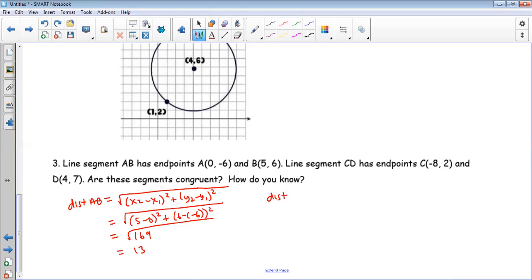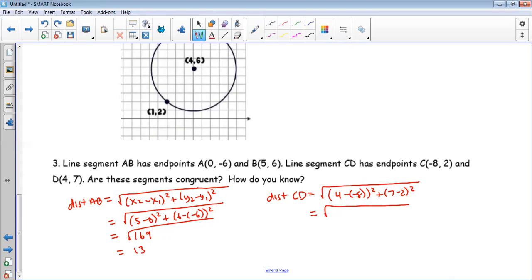The distance of CD is equal to the square root of 4 minus negative 8 squared plus 7 minus 2 squared. 4 minus negative 8 is plus a positive 8 is 12 squared is 144 plus 5 squared is 25.